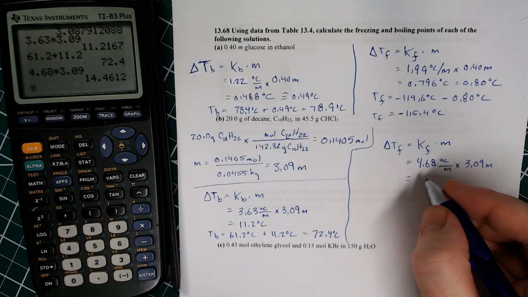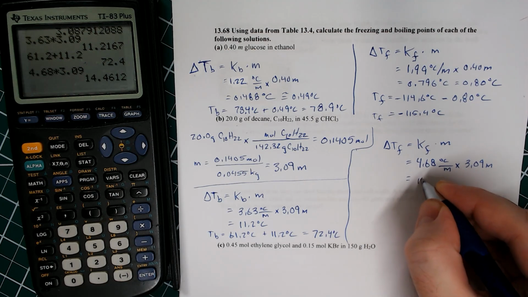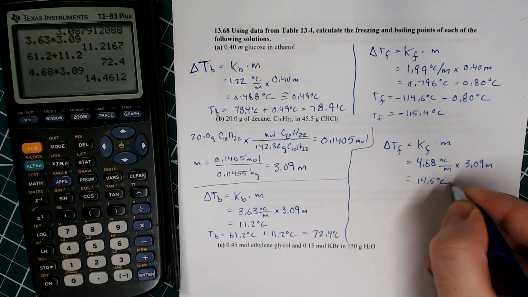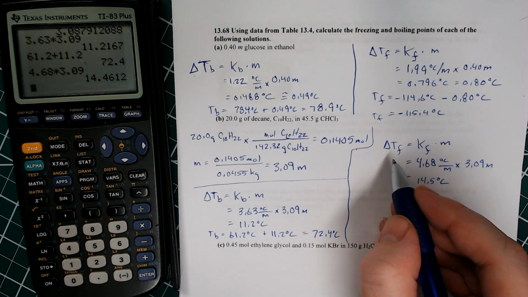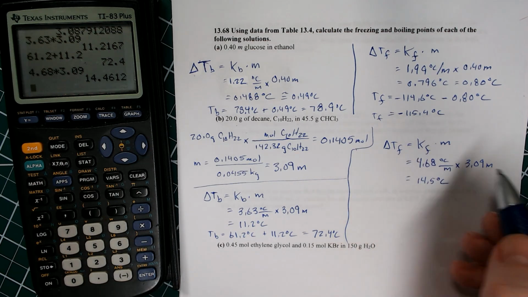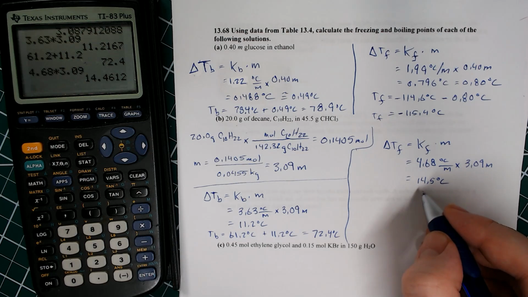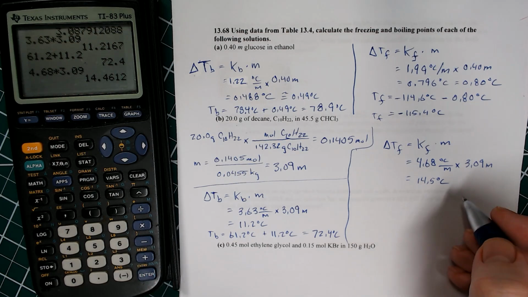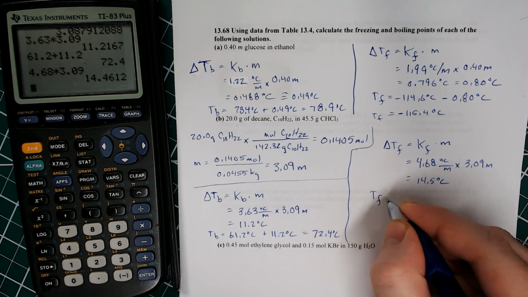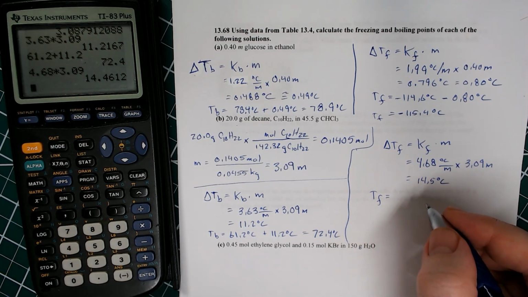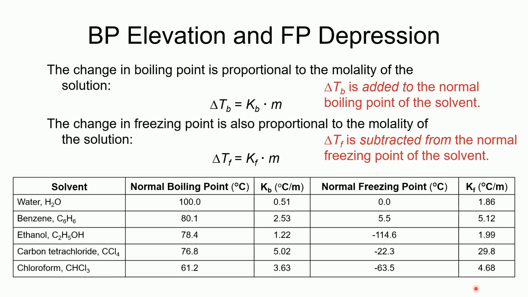We've got 3 sig figs, so we're going to call that 14.5 degrees Celsius. Since it's delta TF, we want to subtract that from the normal freezing point. So we'll subtract that 14.5 from the normal freezing point. Our normal freezing point for chloroform is negative 63.5.